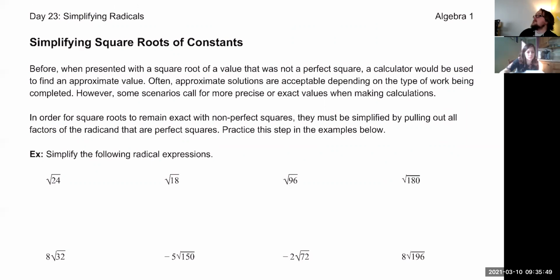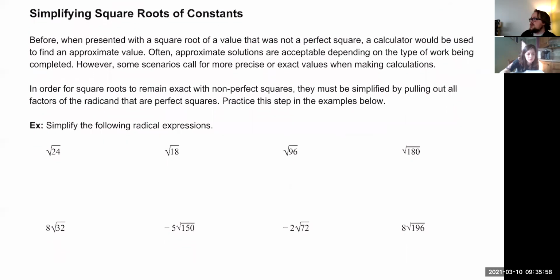So in the not too distant past, in the quadratic formula, we would run into situations where we had to take the square root of values that were not perfect squares. Taking the square root of a perfect square is all fine and dandy because you get a nice clean number, but with any other numbers, you get a decimal that goes on forever, and we had to round.